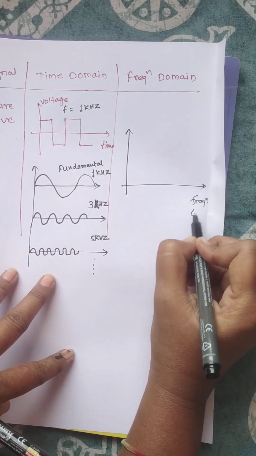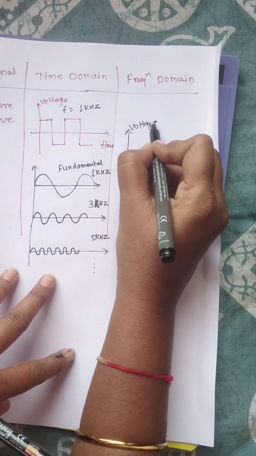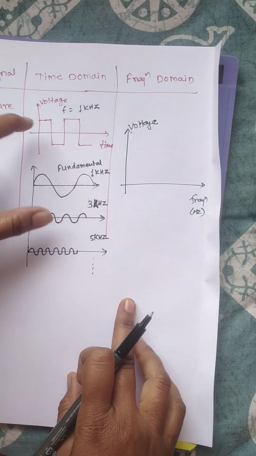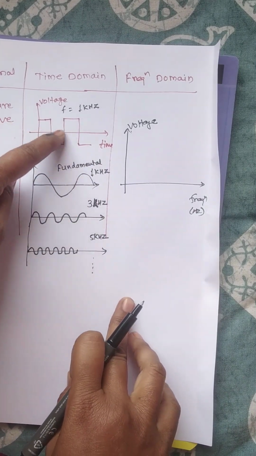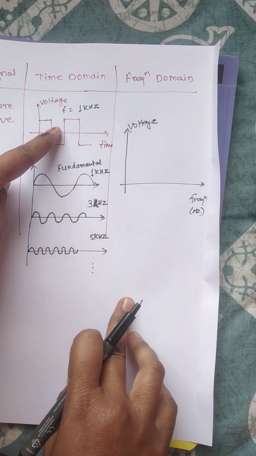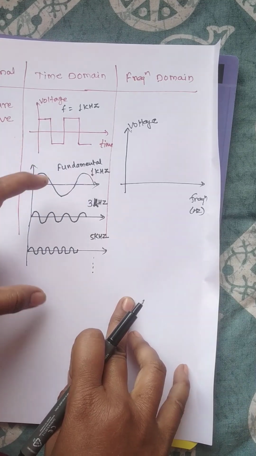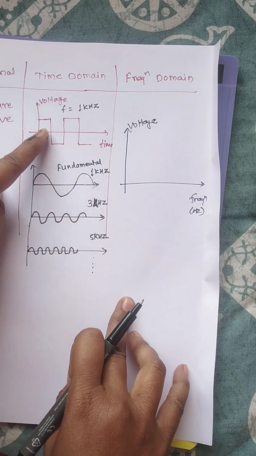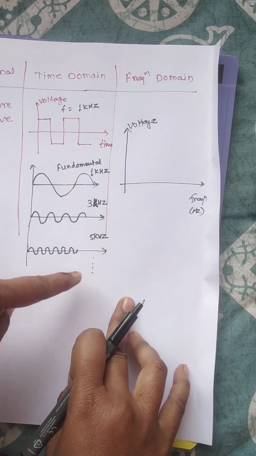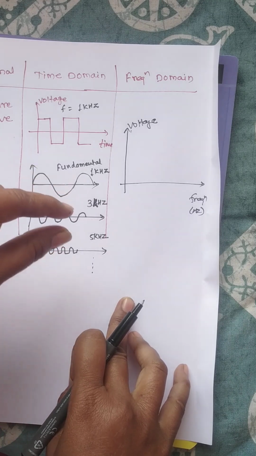Frequency in hertz versus voltage. Now we cannot directly draw its frequency response, but we should know which components, which frequencies, are present in this square wave. So now we have understood which frequencies are present: 1 kilohertz, 3 kilohertz, 5 kilohertz, 7 kilohertz, 9 kilohertz and so on, with decreasing amplitude.